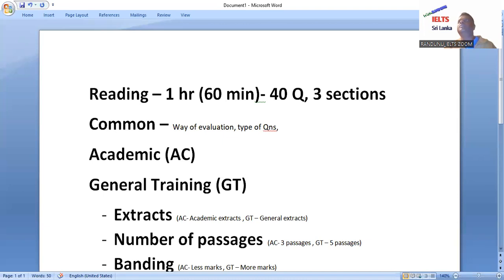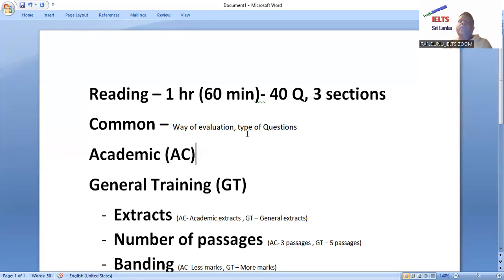But the type of questions and the way they are evaluated are the same.